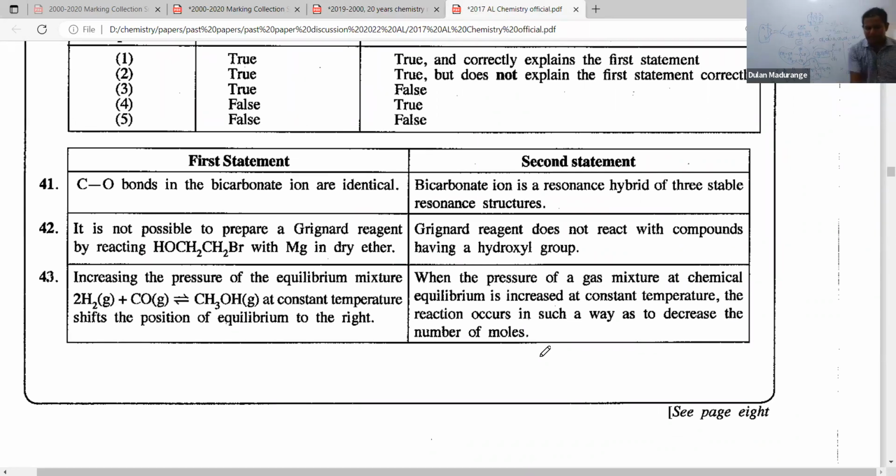I have added the MCQ answers to your WhatsApp group, right? 41 to 50.